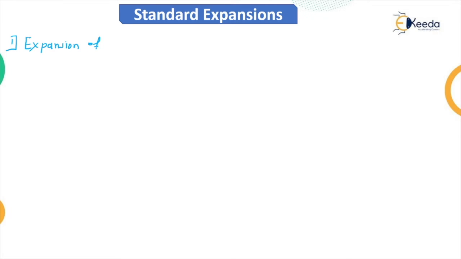Function number 1, expansion of e to the power x. We call that the exponential form. So e to the power x is nothing but f of x.